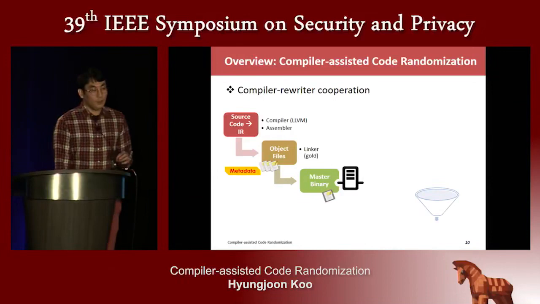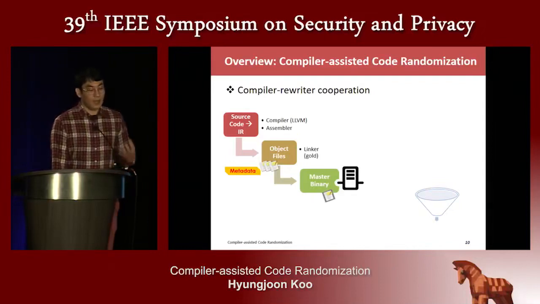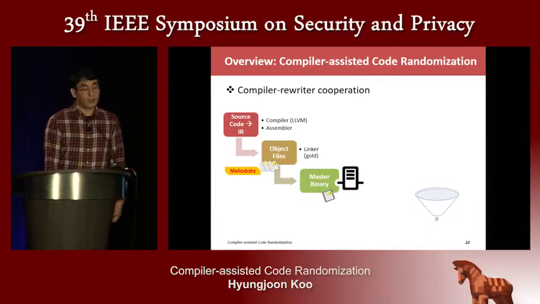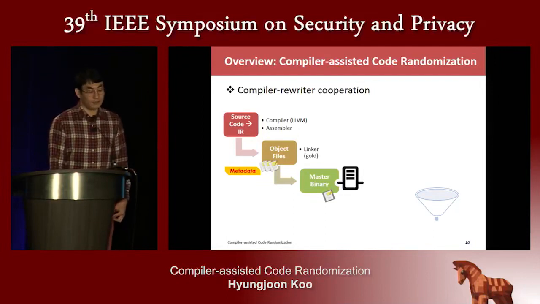At this point, we collect supplementary information from the compiler as metadata, and then the linker combines those object files into the final executable. We used LLVM as the compiler and Gold as the linker.